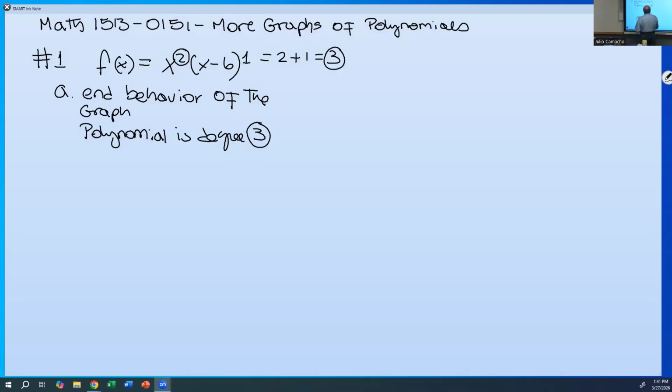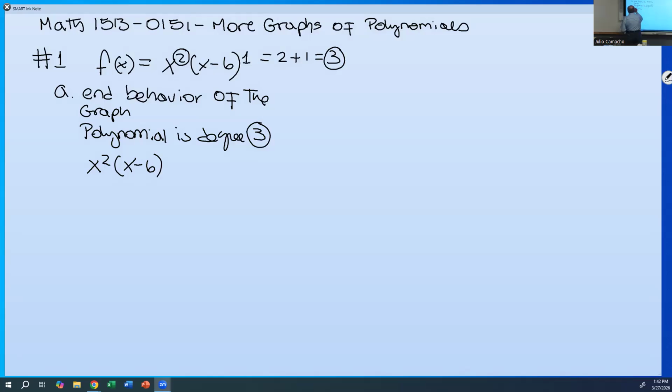But another way to find the degree is this: you have the 2 factors, x squared and x minus 6, and you use the distributive law for multiplication, distributing this x squared over what is inside the parentheses.